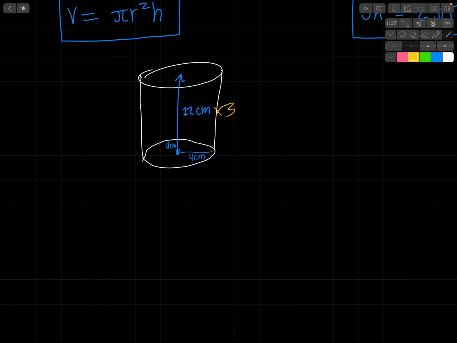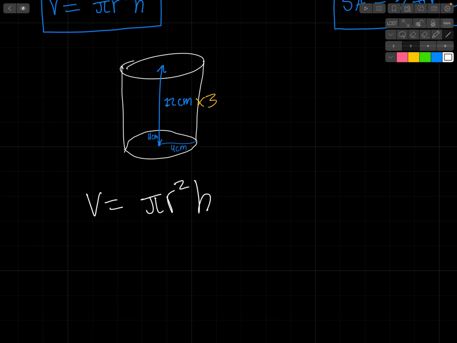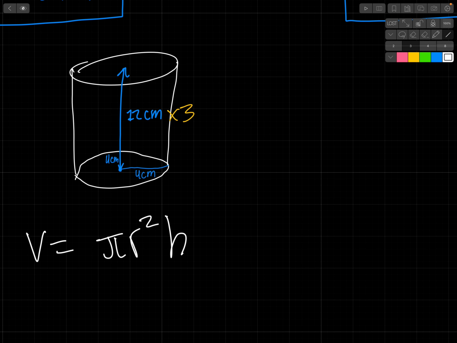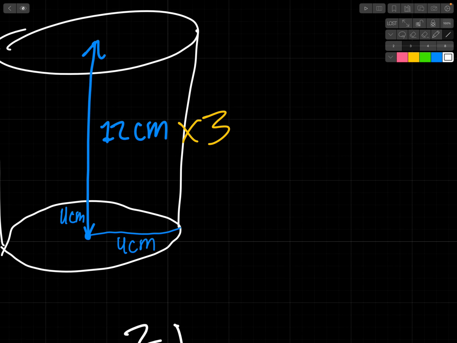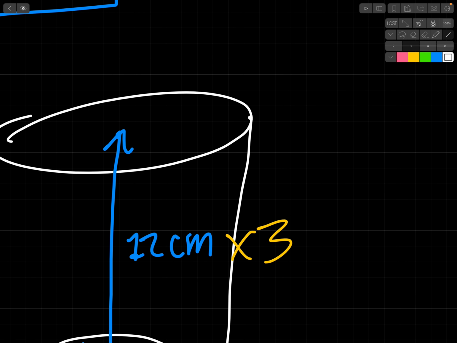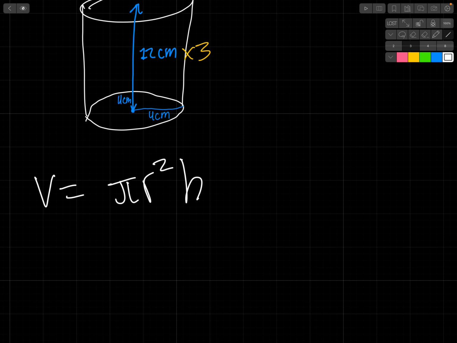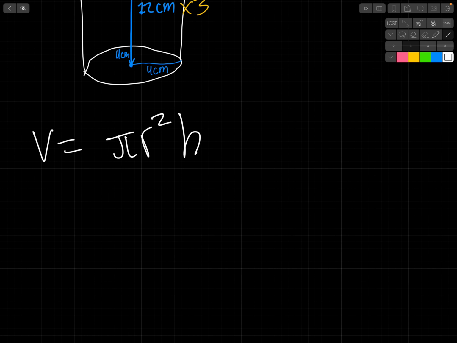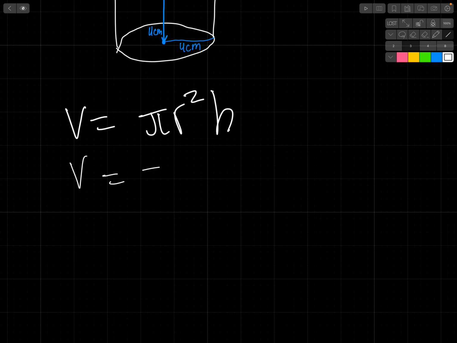So since the volume formula is V equals pi r squared h, the radius remains the same, but you see how the height is getting multiplied by 3. So that means here, this is getting multiplied by 3. So you would do V equals pi r squared times 3h.